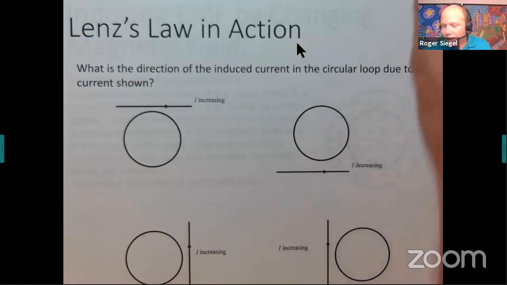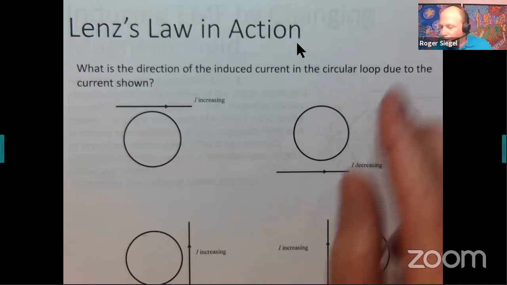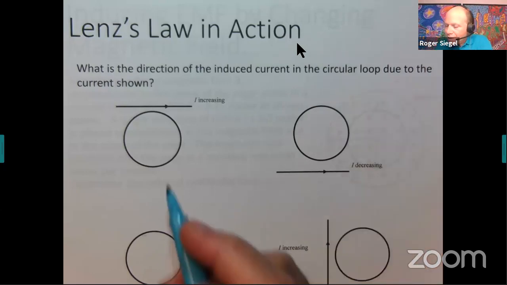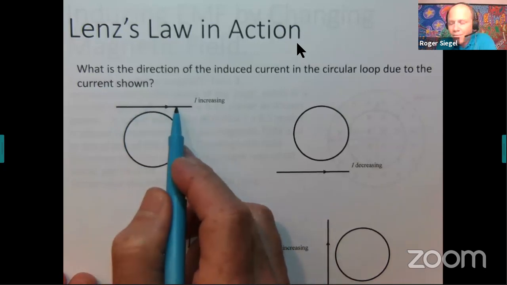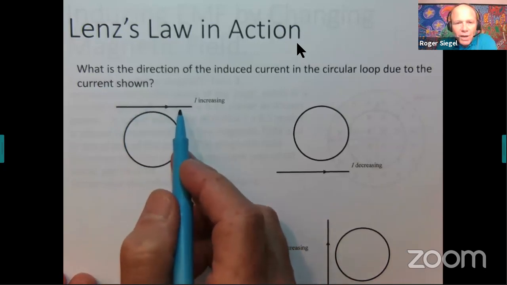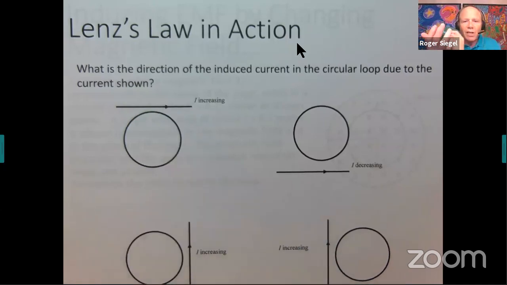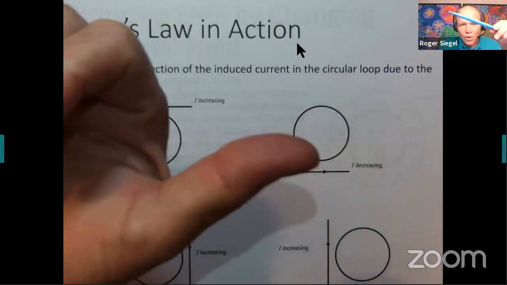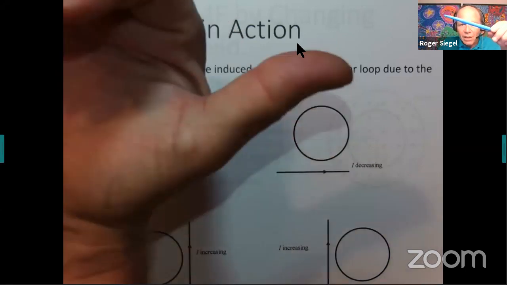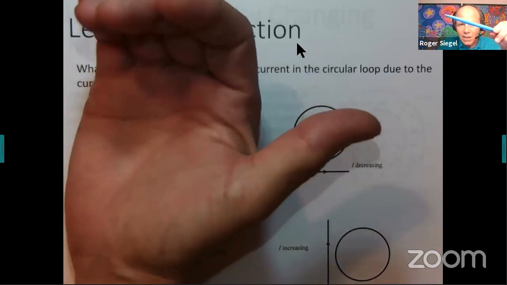We have here on the top left a current that is flowing to the right, and that current is increasing. Now, I know from my right-hand rule, and we call it the grip rule, that if I have a current moving to the right, I'm going to grip that wire with my hand, and my thumb is going to indicate the direction of the current, my fingers are going to indicate the direction of the magnetic field.